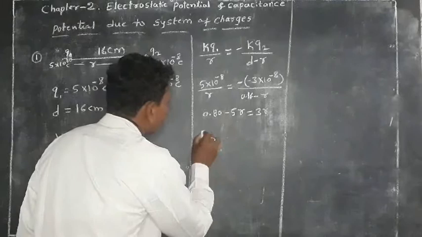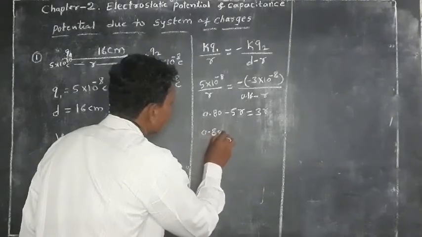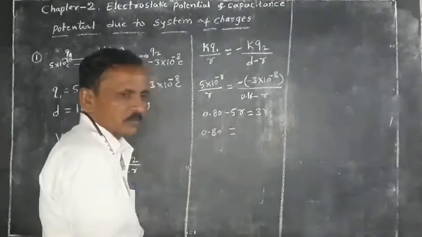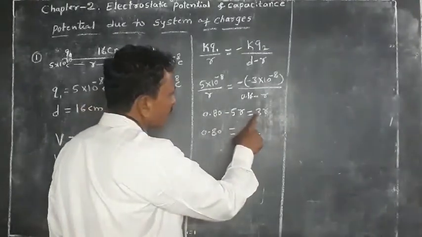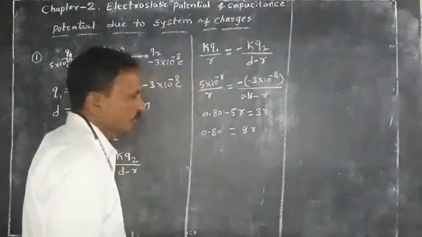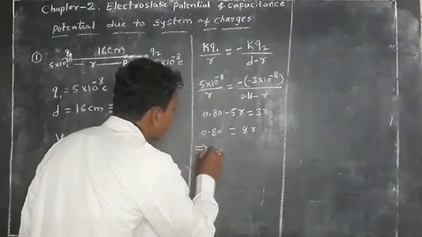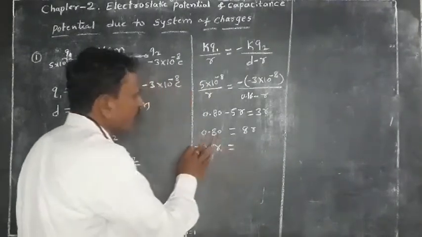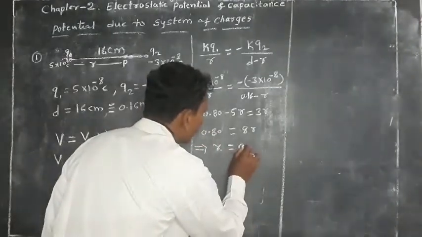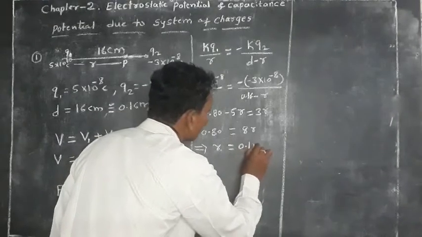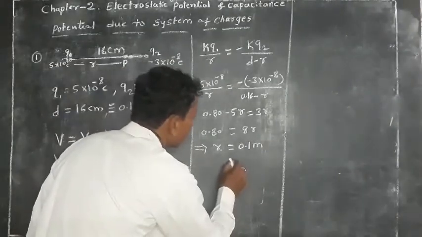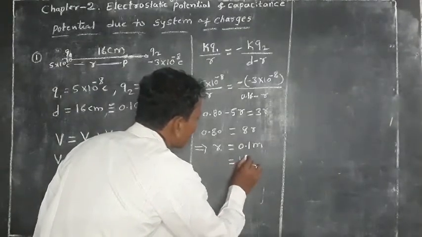Or 0.80 is equal to, the minus on that side becomes plus, that is 3r plus 5r is equal to 8r. And this implies r equal to 0.80 upon 8 is equal to 0.1 meter, that is equal to 10 centimeter.